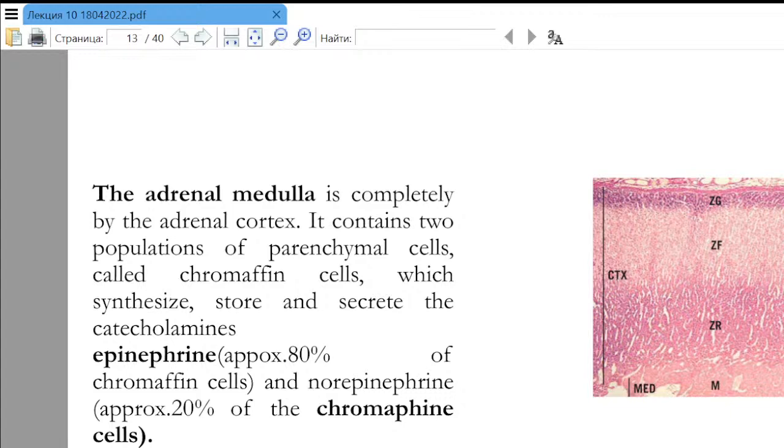It contains two populations of parenchymal cells called chromaffin cells, which synthesize, store, and secrete the catecholamines epinephrine and norepinephrine.